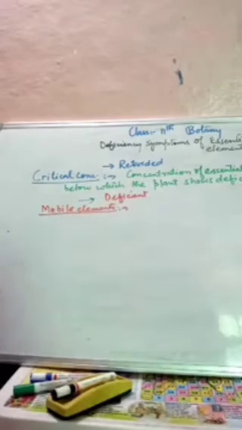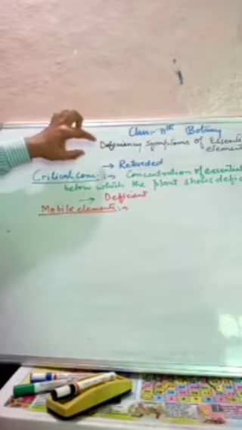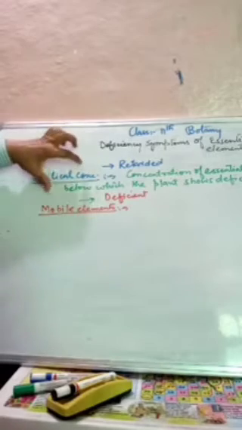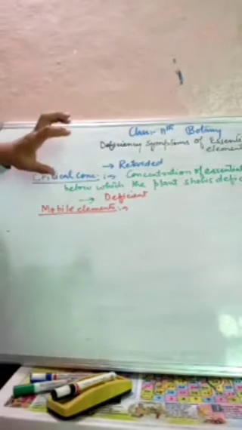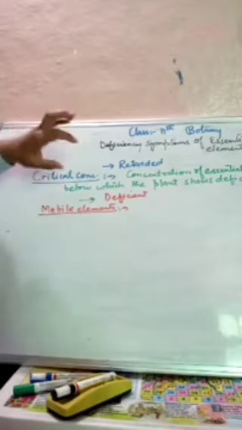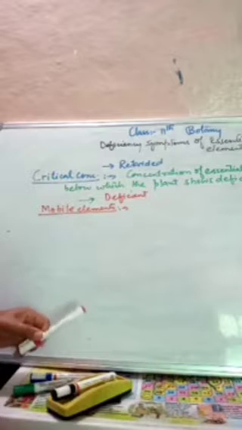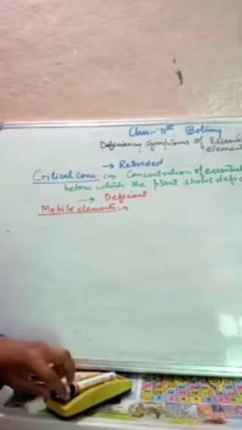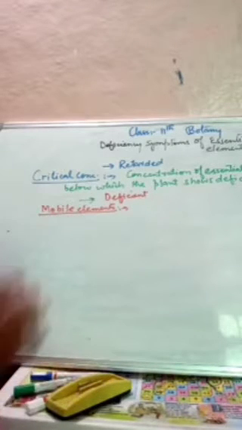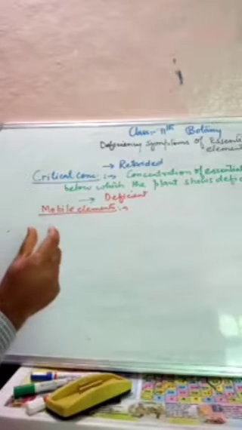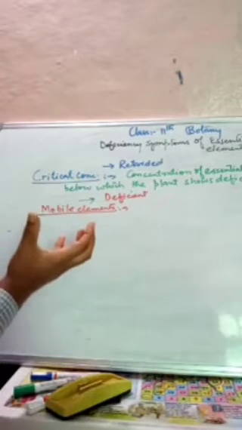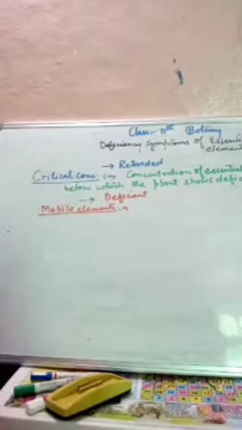Another term that comes under deficiency symptoms: when the concentration of essential elements is below the minimum, the plant shows deficiency, and that is called critical concentration. We have seen that if certain elements are deficient, we will find symptoms in that plant.